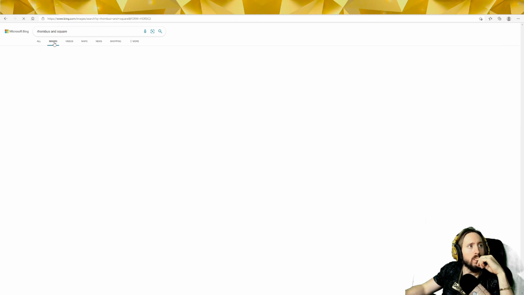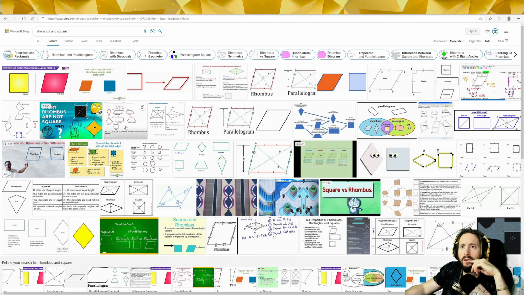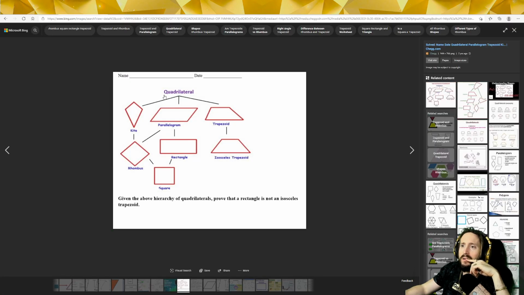So a square is a special type of rhombus, and it's also a special type of rectangle. That's why this is kind of tricky.